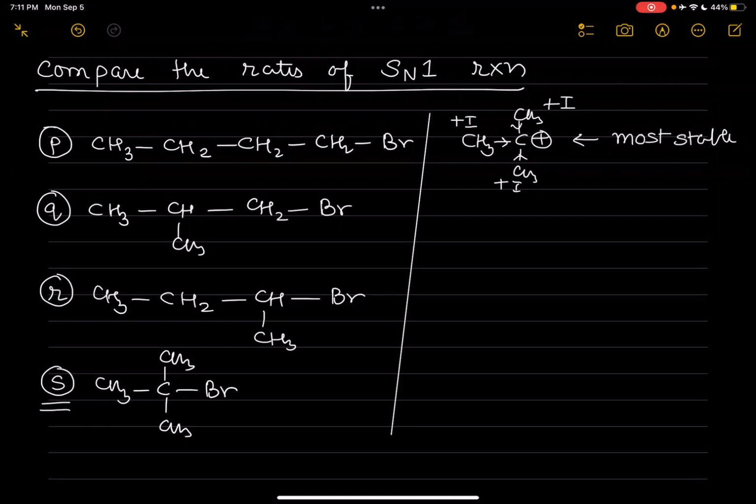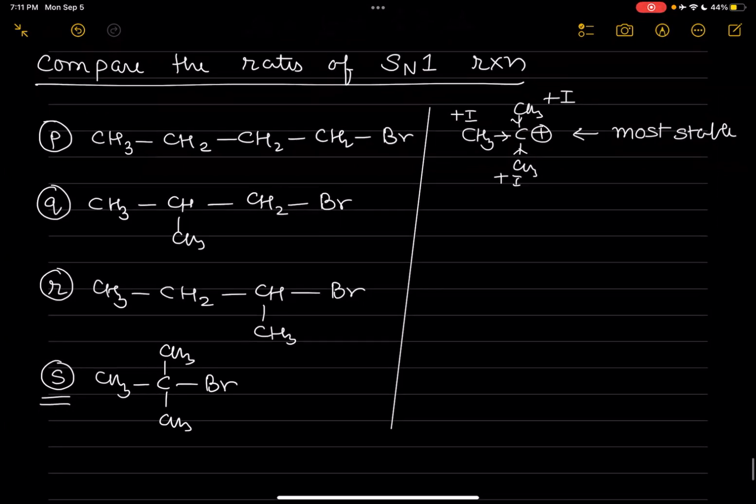So tertiary carbocation has 3 alkyl groups. That's why it is more stable. Secondary carbocation has 2 alkyl groups. There is one hydrogen, but hydrogen doesn't push or pull any electrons. So this is stable, but not as stable as tertiary, because only 2 alkyl groups are helping the carbocation.